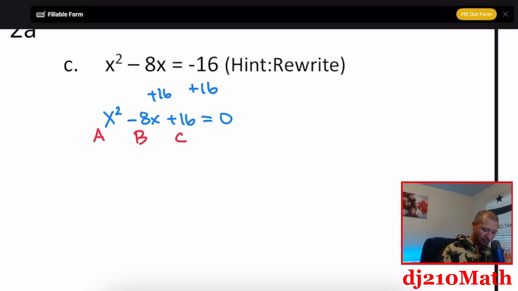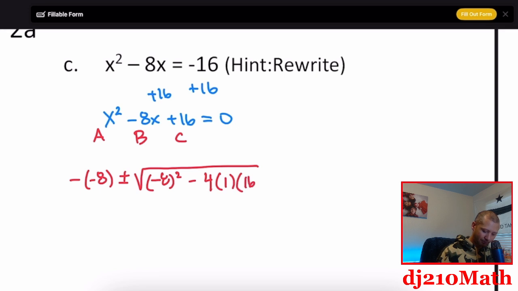B is -8, so minus -8 plus or minus -8 squared minus 4 times a times c, all over 2a.